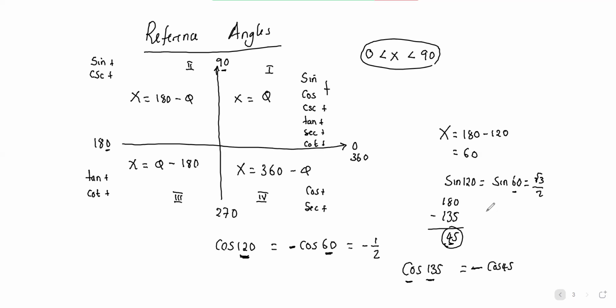For 105, it's 60 and 45. Then for 165, it's 120 plus 45.